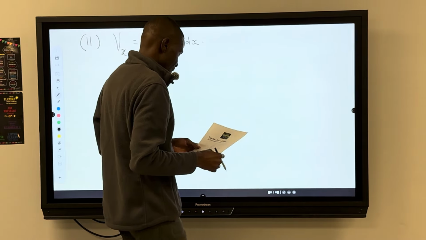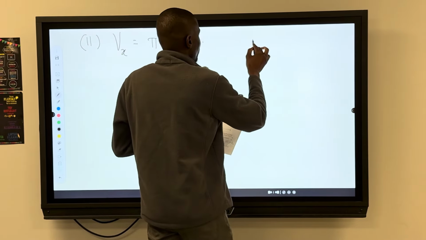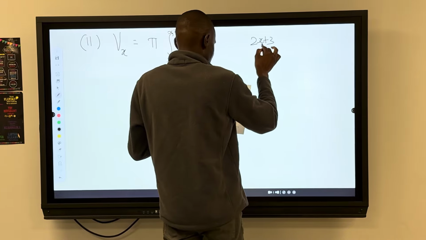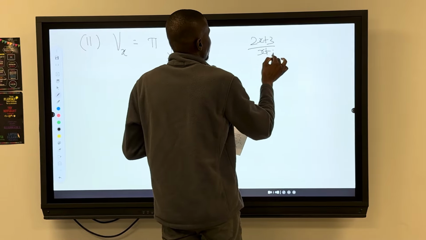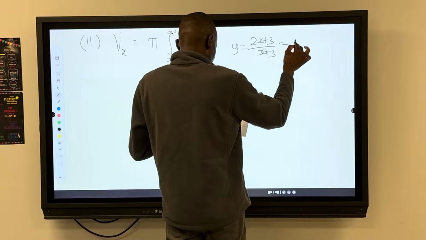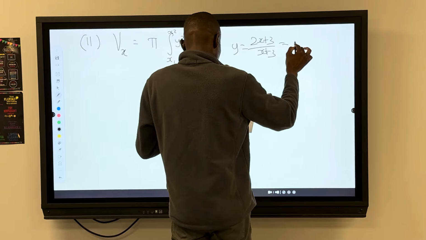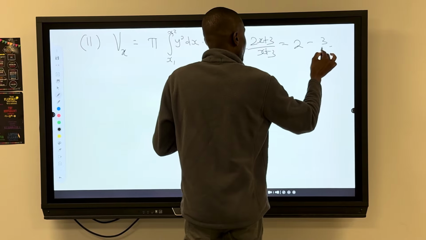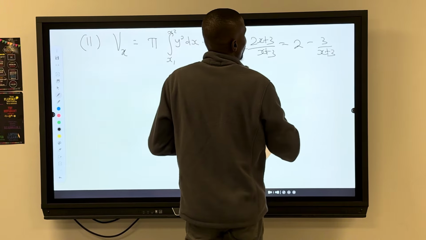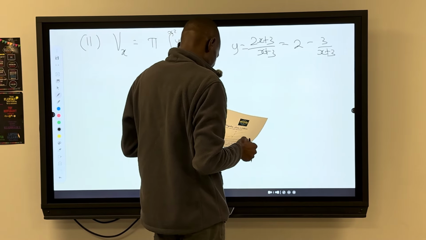So remember, the function was (2x + 3)/(x + 3), right, which is equal to, I think it was, 2 minus 3/(x + 3), right?